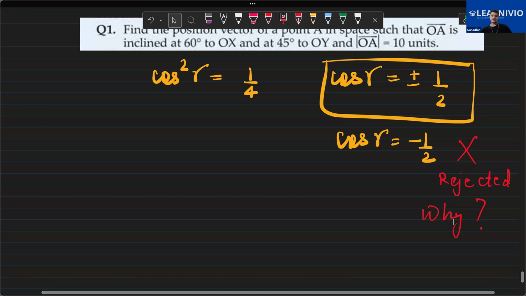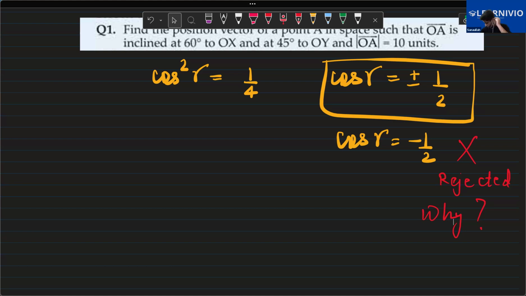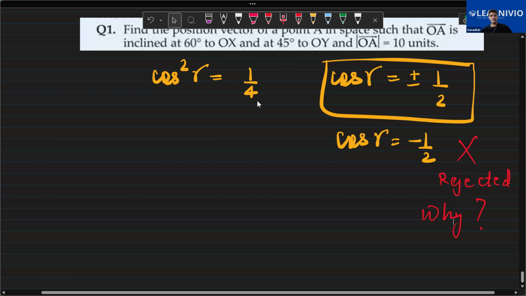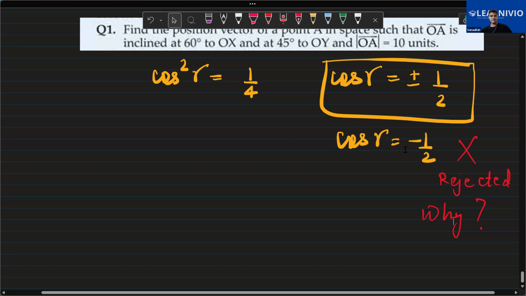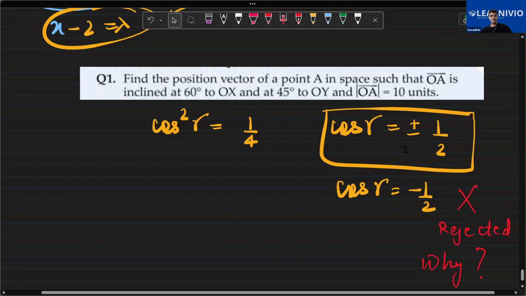Anjali, tell me the reason, what was the reason? Why have you not considered this part? Either you directly wrote 1 by 2. They make acute angles, so they are less than 90. That's why. Okay. Ali, what is your justification for this? What's your point?